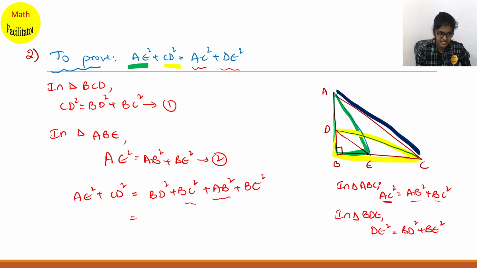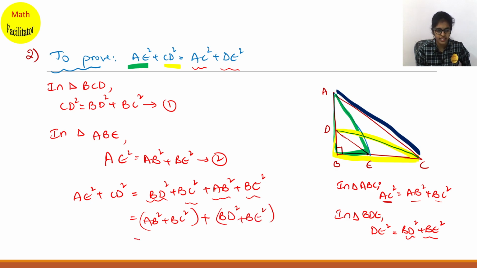AB is here, BC is here, so I'm writing them together: AB square plus BC square, plus I want DE. For DE you have BD and BE here. So BD square is here, BE square is here. I'm just writing them together. That is equal to AB square plus BC square is AC square, plus BD square plus BE square is DE square. Hence proved. Got it?